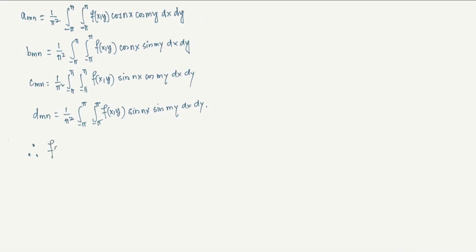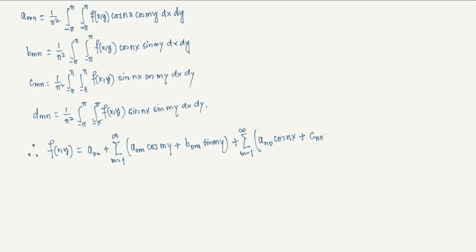Therefore, f of x, y can be written as a_00, m equals 0, n equals 0, plus summation m equals 1 to infinity, a_0m cosine my plus b_0m sine my, plus again summation n equals 1 to infinity, a_n0 cosine nx plus c_n0 sine nx.